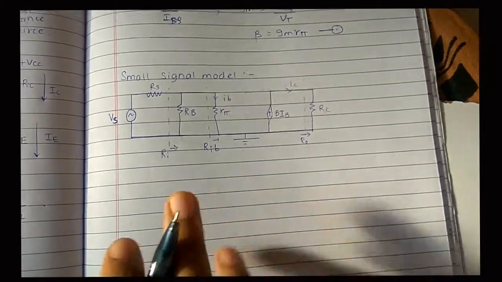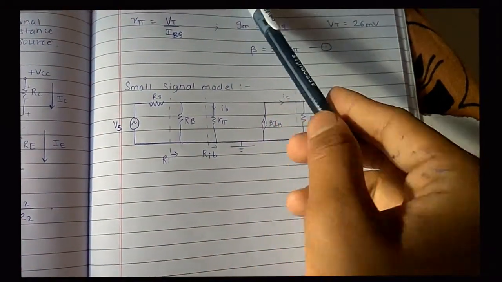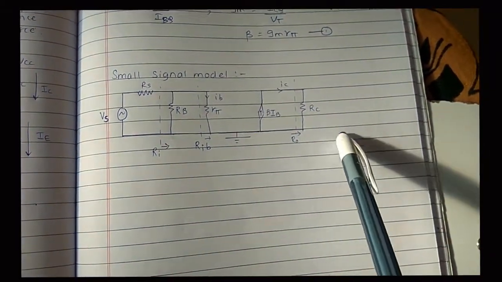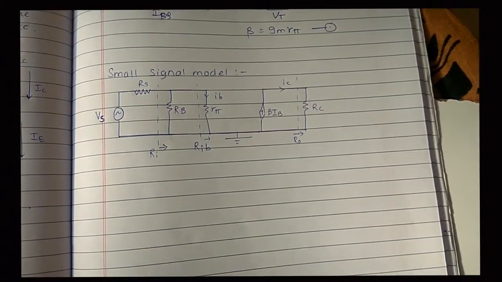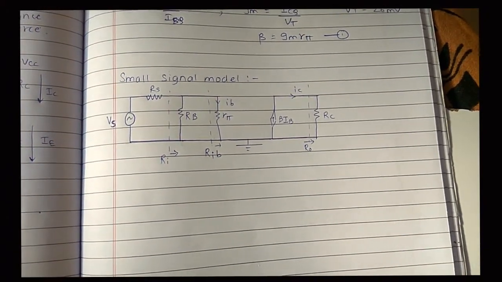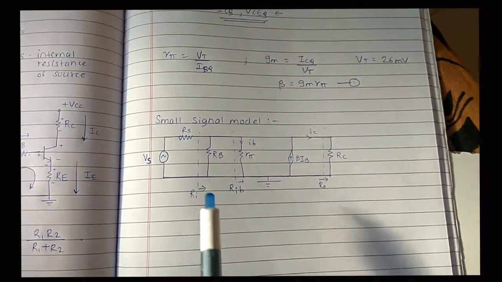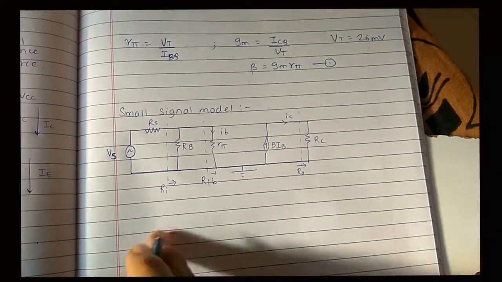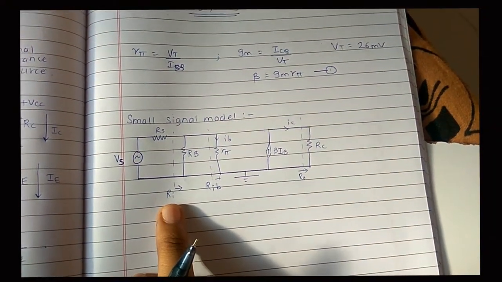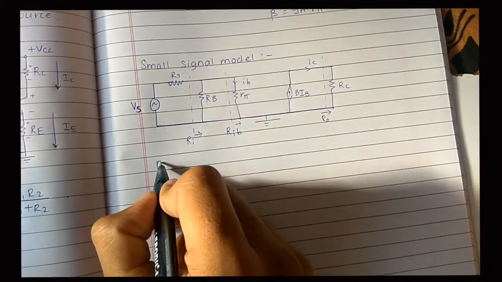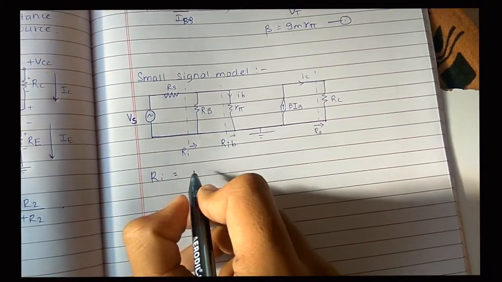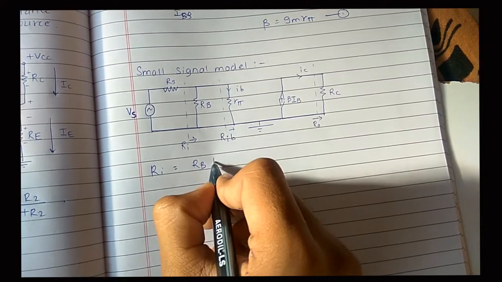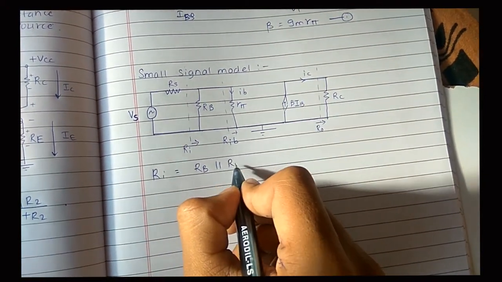So this is the small signal model. The work of the DC equivalent model is ended. So this will be the small signal model of the common emitter amplifier. Here you can observe RS has come into play. So now what will be the Ri? Ri is the input resistance, that will be equal to RB parallel RIB.